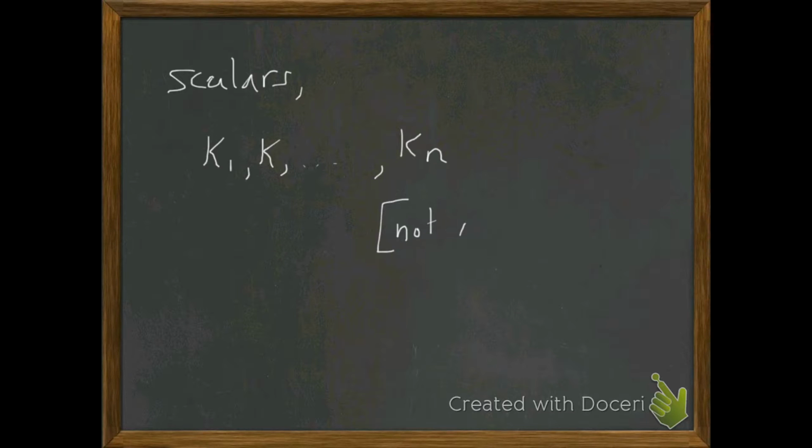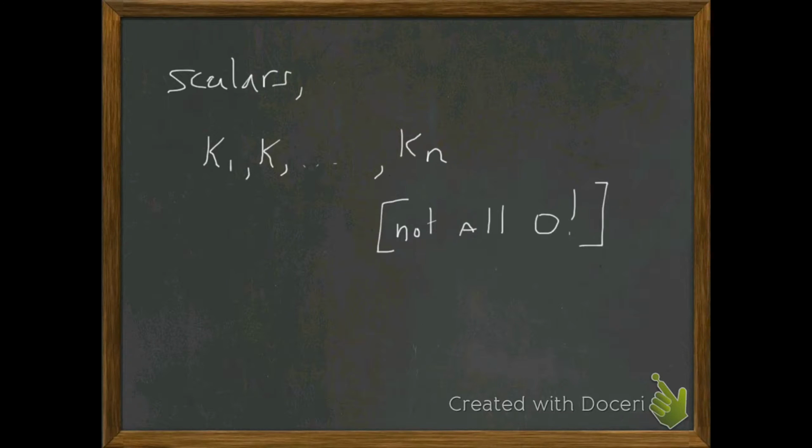And we have scalars K1, K2, up to Kn. It's important that we understand not all can be 0. Some can be 0, but not all.